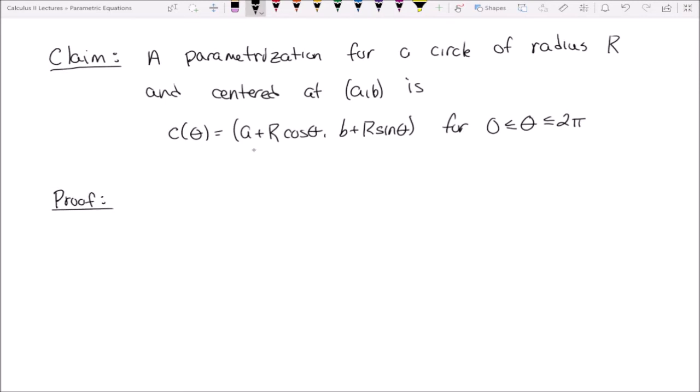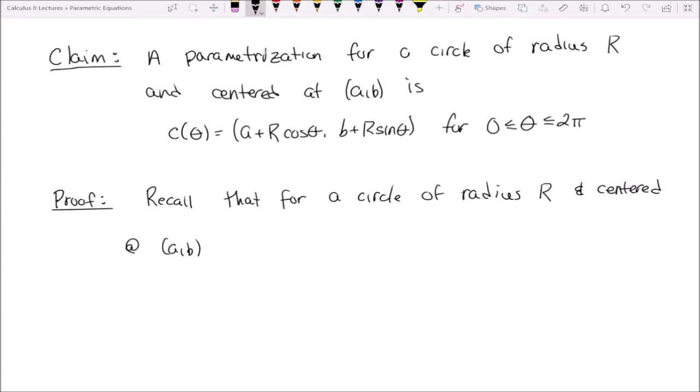All right, well, let's prove it. So recall that for a circle of radius r and centered at (a, b), we would have the quantity x minus a squared plus the quantity y minus b squared is equal to r squared.